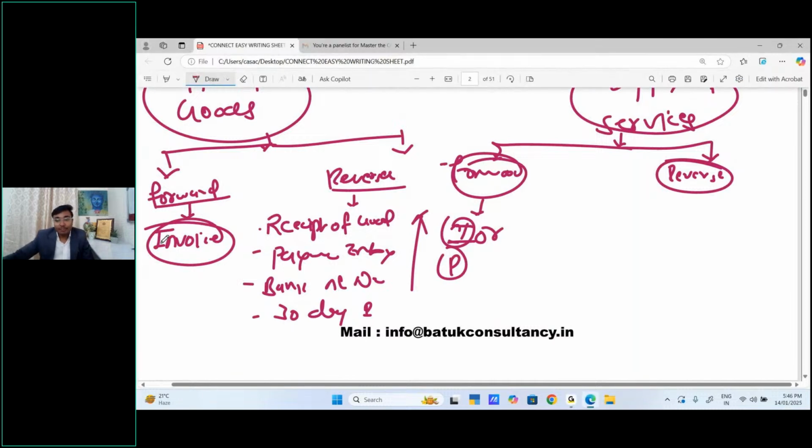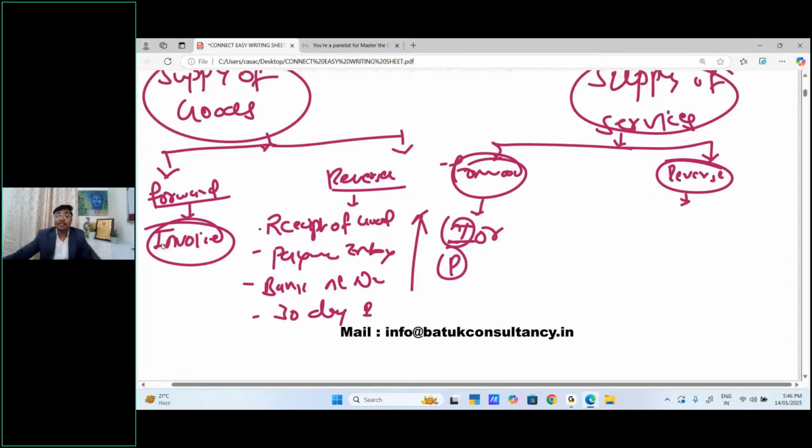Next, in case of reverse charge mechanism, supply of service, the time of supply will be payment or debit entry from bank or 60 days from issue of invoice, whichever is earlier, that will be treated as time of supply.